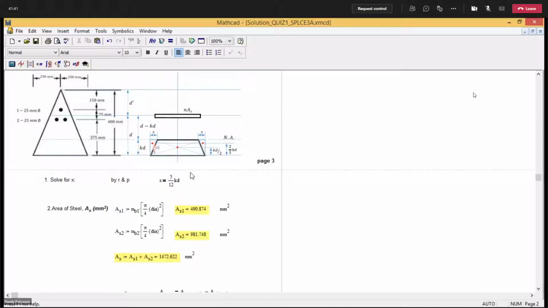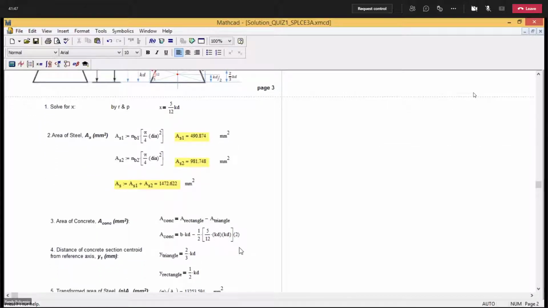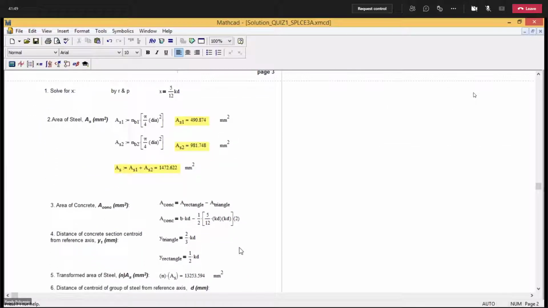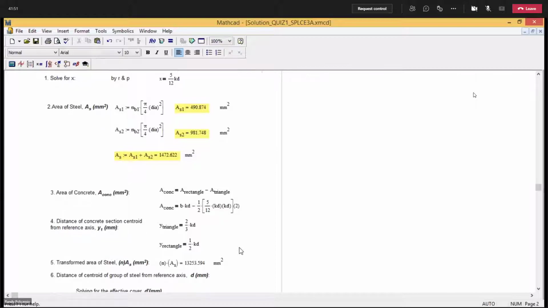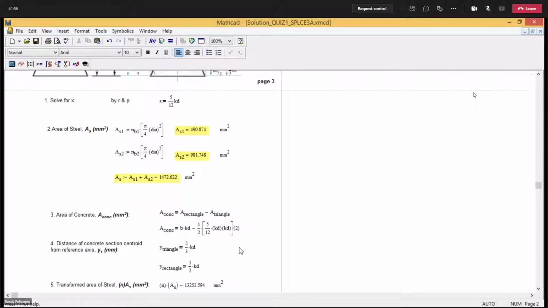And then, so after knowing AS, for the area of the concrete, ito, no, ito yung pinaka-formula natin.